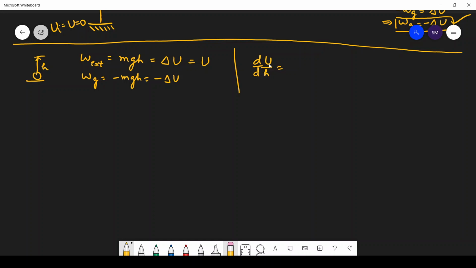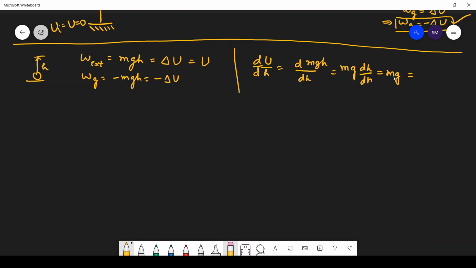Let us see what this figure is. So d by dh of u is equal to d by dh of mgh. So put the value mgh here. So mg is constant, it will come out. And what is dh by dh? dh by dh is 1. So 1 into mg is mg, right?